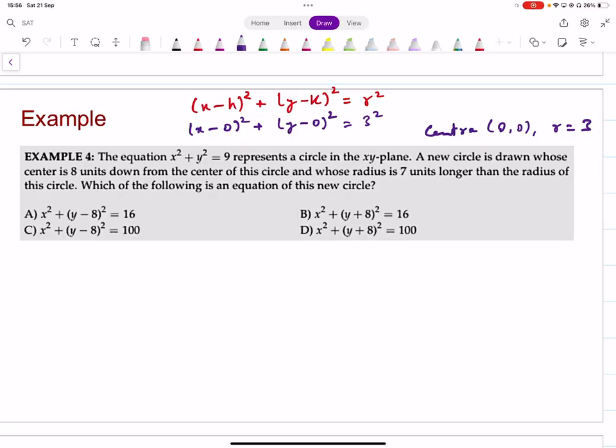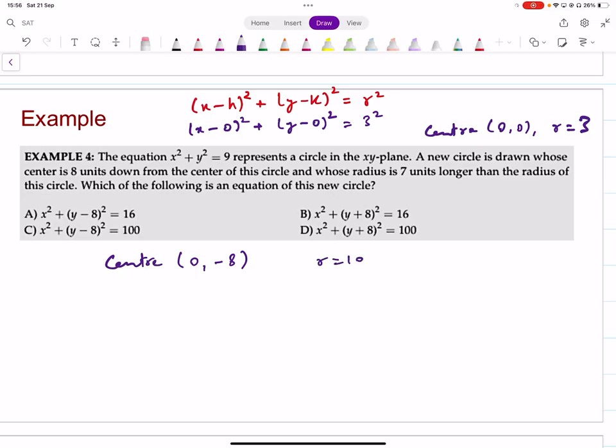Now there's another circle. Its center is 8 units down from the center. 8 units down. What does that mean? What's the new center? 0, minus 8. Radius is 7 units longer than the radius of the first circle. The first circle had a radius of 3. What's the radius of this circle? 3 plus 7, that's 10.